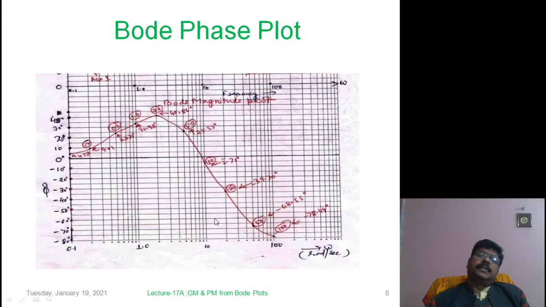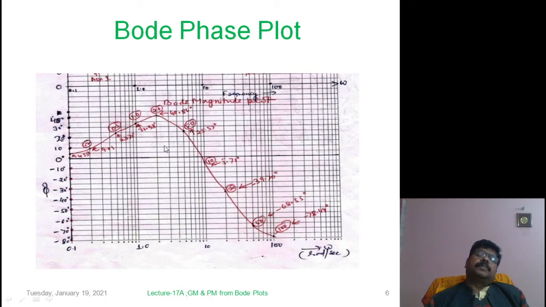So you can see here the Bode phase plot. On the x-axis, frequency is taken on a log scale. On the y-axis, the phase angle is taken in degrees. After marking the points on the graph paper, you can trace it, and you will find that this will be the Bode phase plot.